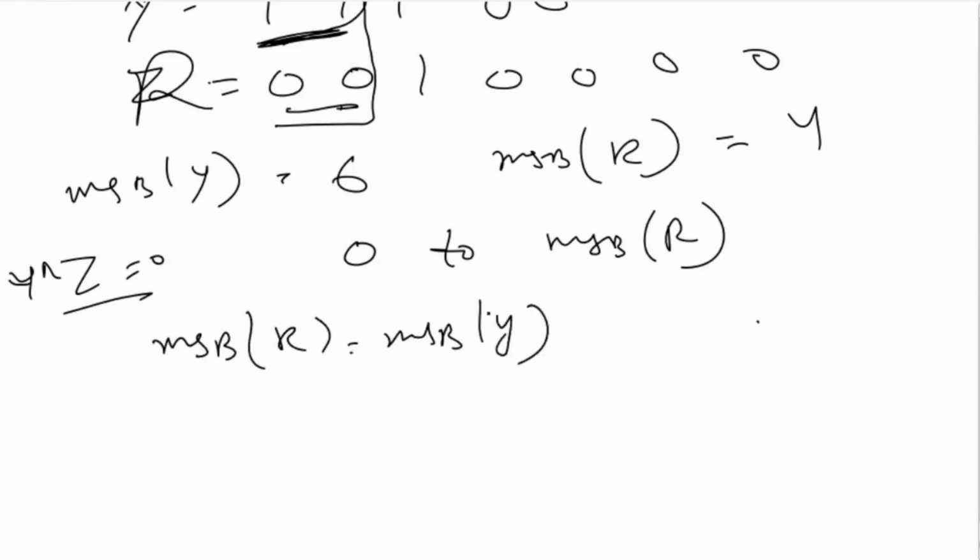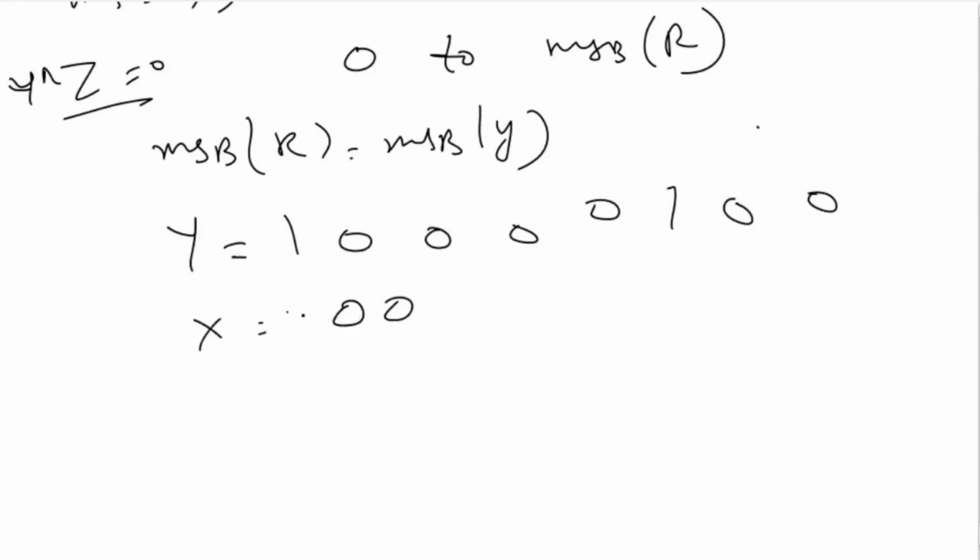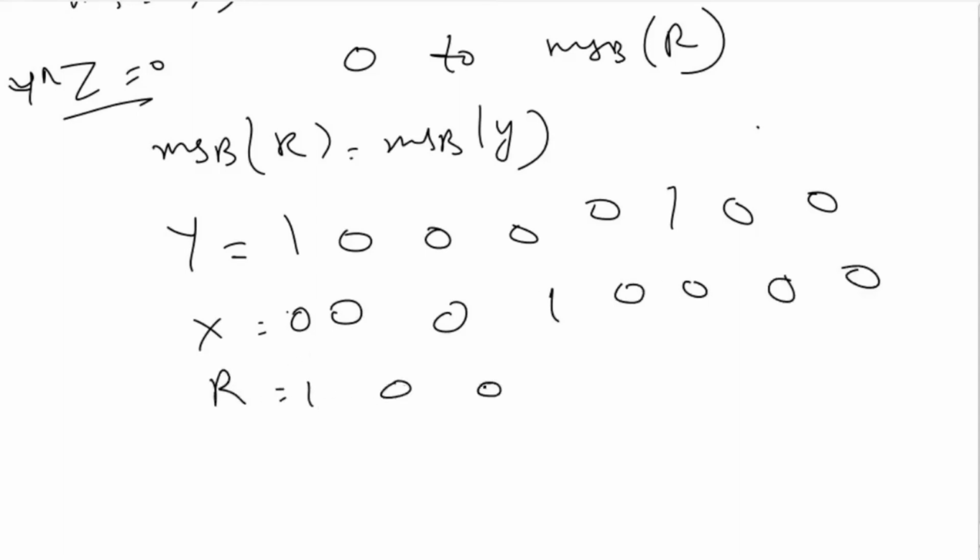So now our y can look like something like this, our x can look like this. Let me erase them. And our r can look like something like this, and our l can look like 0 0 1 0 0 0 0.